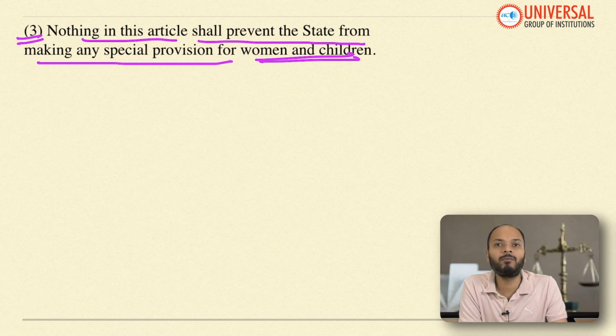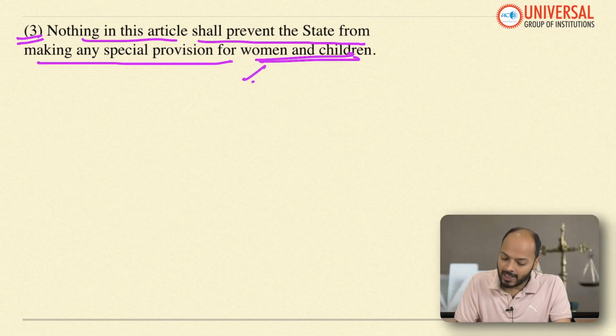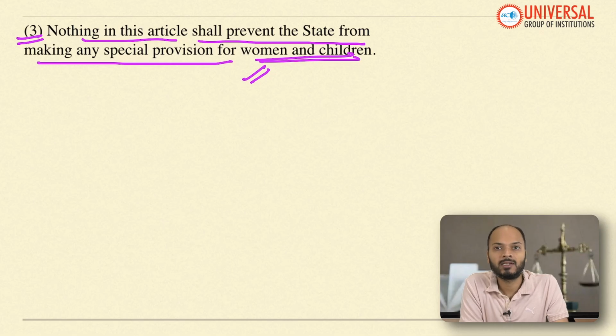If you remember from our discussion of Article 14, there we had seen two kinds of equality: equality before law and equal protection of laws. This idea in Article 15 sub-clause 3 emerges from equal protection of laws, that certain positive discrimination can be done for the upliftment of certain sections of society who are at the moment not equal to the rest of society.